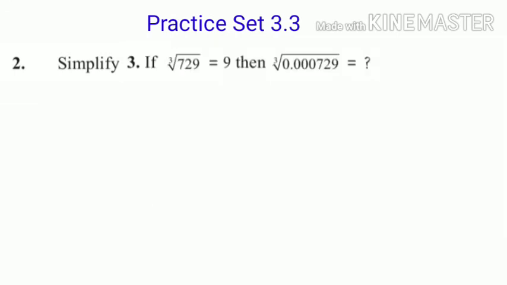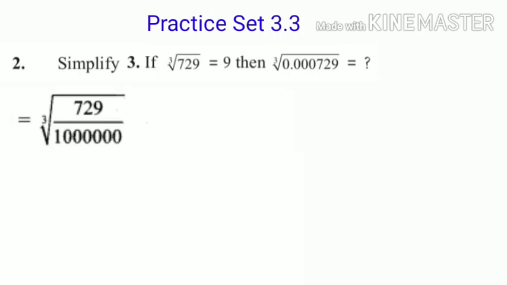Question number 3. If cube root of 729 equal to 9, then find cube root of 0.000729. Now, first we will simplify the equation. If we observe, after the point there are 6 digits. So we will write 729 upon 1 with 6 zeros.